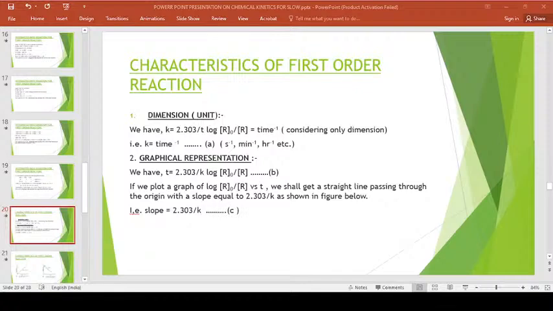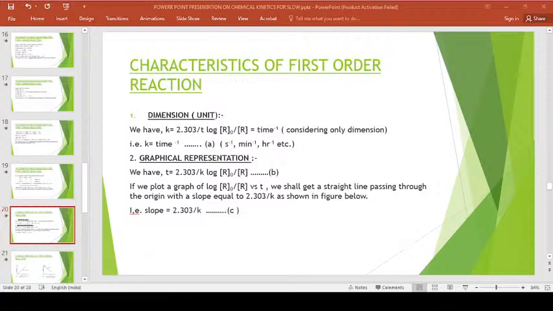Now, let us come to a very important term called temperature dependence of rate of reaction. As we know, the rate depends on the temperature, and this temperature dependence of the rate of the reaction was discovered by a Swedish chemist called Svante Arrhenius in 1889.